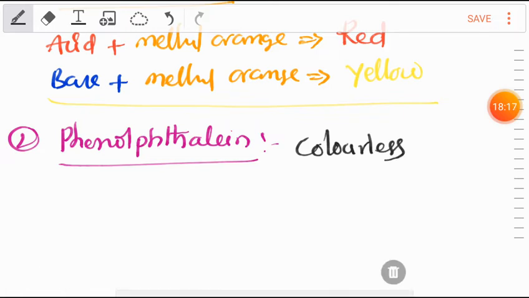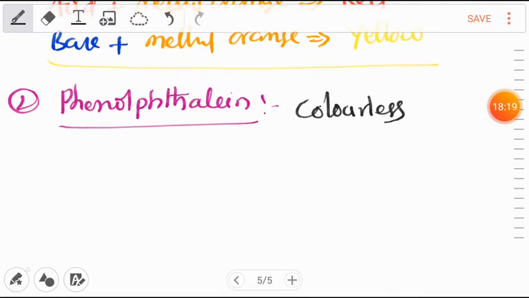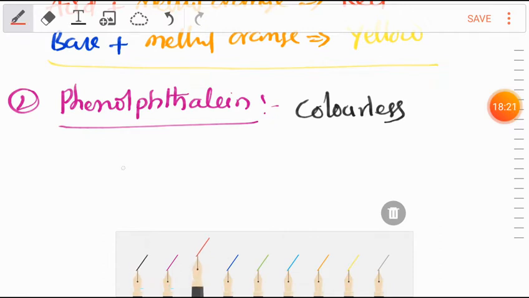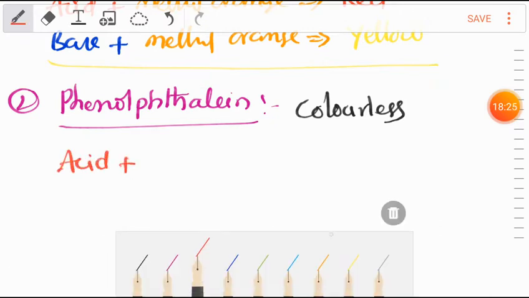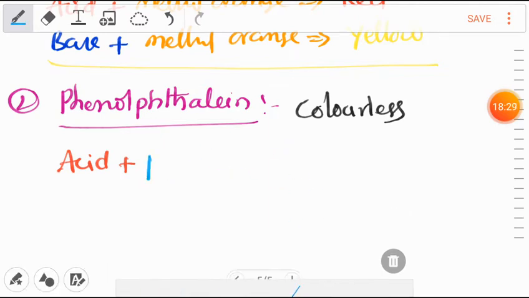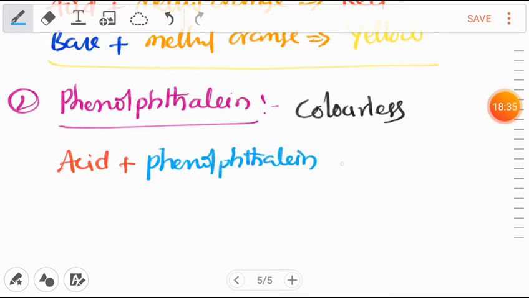So acid plus phenolphthalein indicator gives colorless.